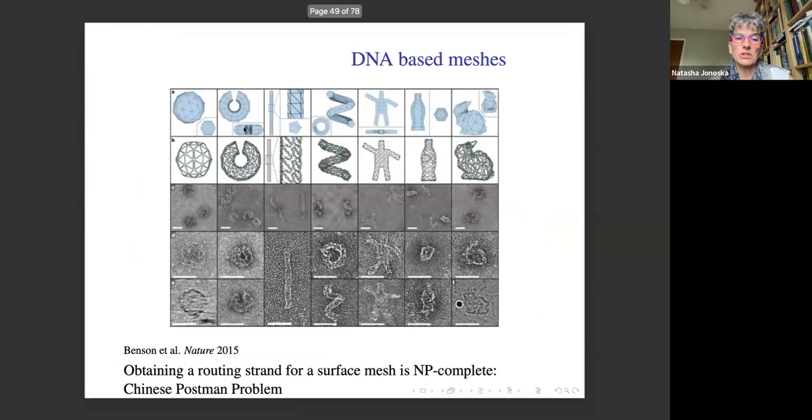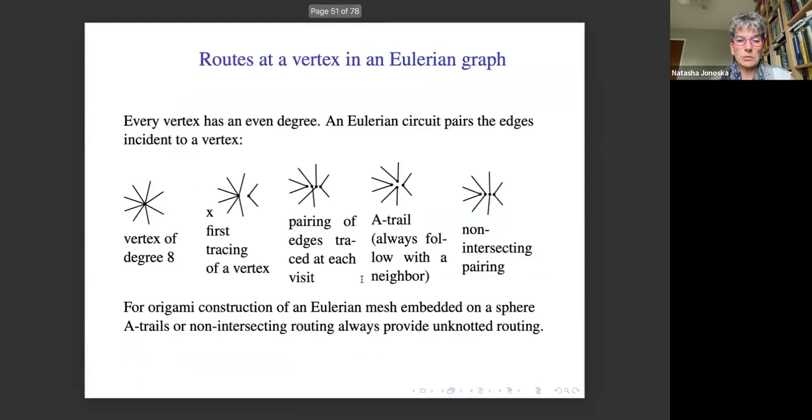And it was very successful, as you can see, all right? So this is all the design, and at the bottom you have images of the experimental results.